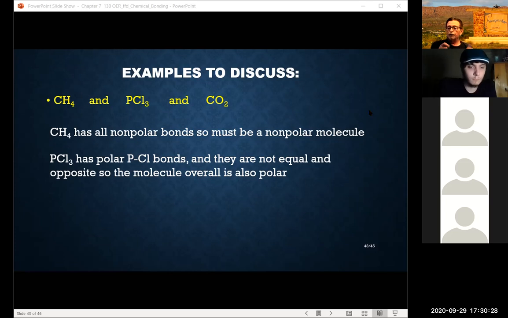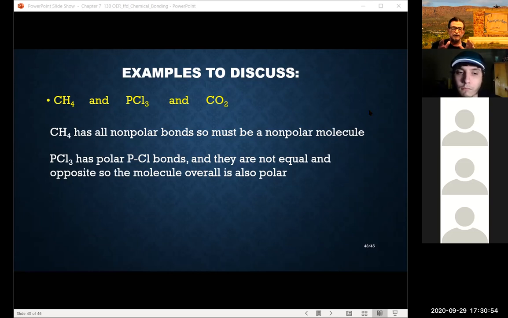If you recall, we did the Lewis dot structure of ammonia, NH3, and we ended up with a lone pair on the central atom. Now, phosphorus is in the same group, and if you go through the same exercise, you're going to end up with a lone pair on the phosphorus.